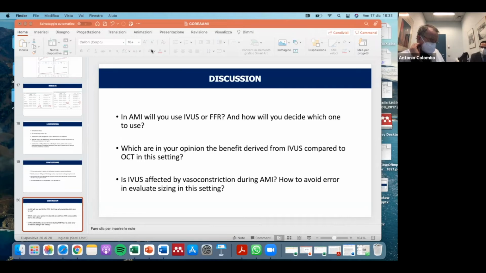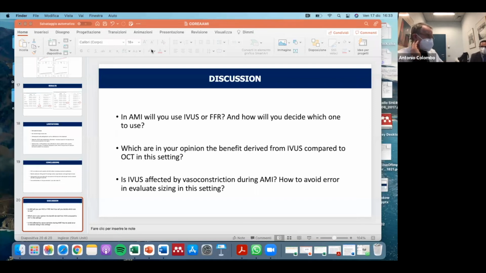The question is IVUS or OCT, as you said. Personally, I prefer IVUS versus OCT because I am afraid, in a dissected vessel, especially one as fragile as this patient has, that injecting dye further, sometimes at forced pressure to get a good OCT image, may extend the dissection and may become harmful.